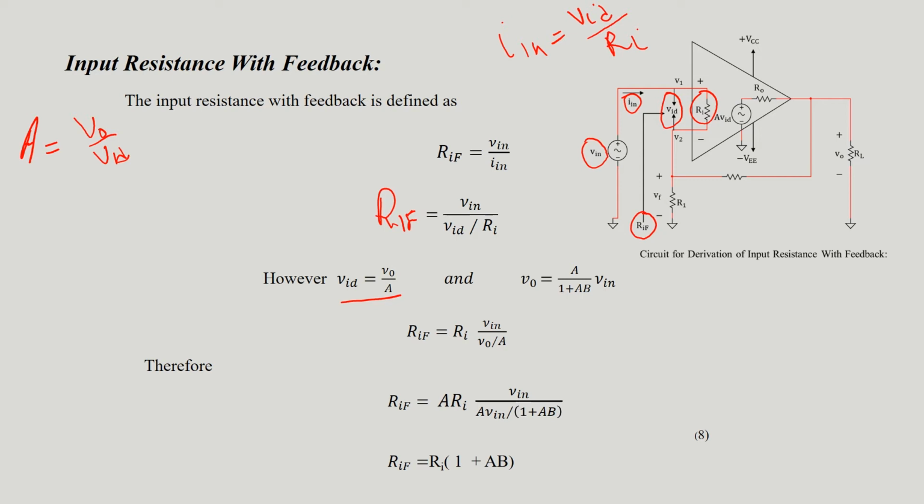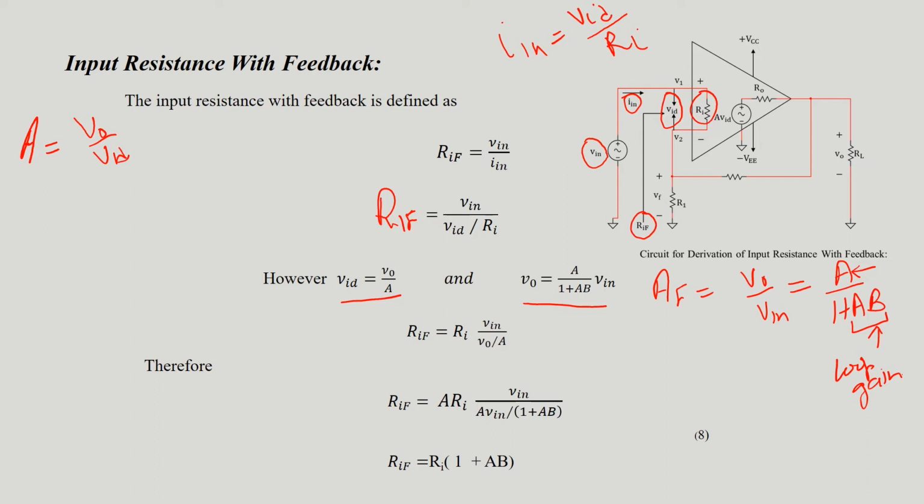We also know that AF is equal to V naught by V in for feedback. This is equal to A over 1 plus AB, where A is open loop gain and AB is the loop gain. So V naught is equal to A over 1 plus AB into V in.